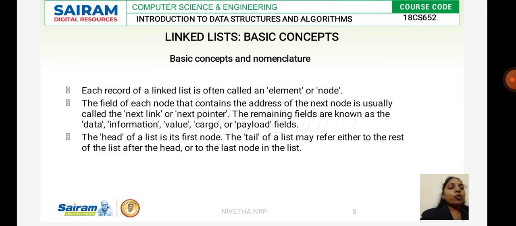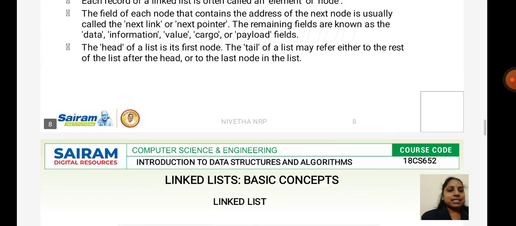And how do we make a machine understand that it is the last node in a list? By giving it as a null. Okay, null specifies an empty value or no value. When I represent the address of the next variable to be null, it specifies it is the last node. These are all the basic concepts and nomenclature we have in linked list.